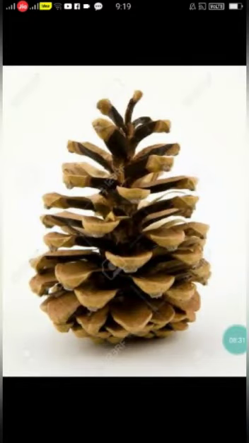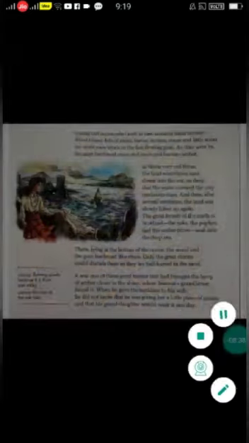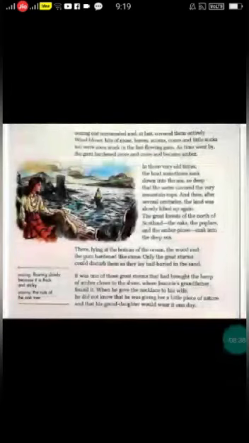Acorns means nuts and cones appear like this. And little sticks too were soon stuck in the fast flowing gum. So when the wind blows, all these bits of moss, leaves, acorns, cones and little sticks used to come and stick to the fast flowing gum. And very soon it used to surround them completely.